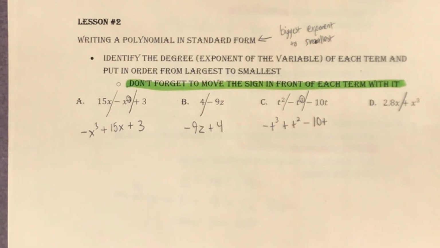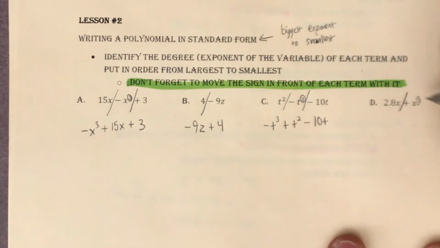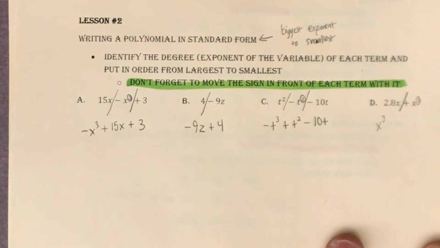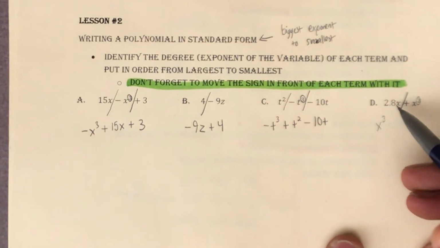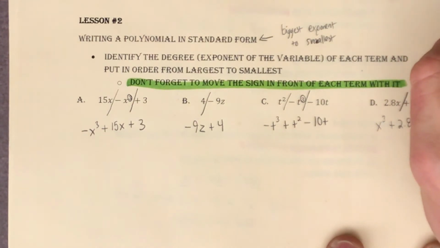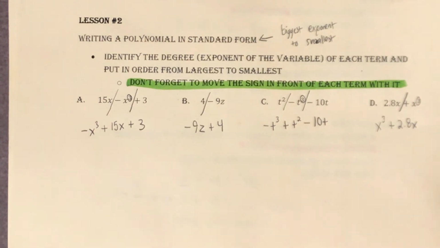My term with the biggest exponent is this x to the third, so it's going to go first, and it is positive, so I'm just going to write x to the third. And then my next term is this positive 2.8x, so that is plus 2.8x. So x to the third plus 2.8x is this binomial in standard form.